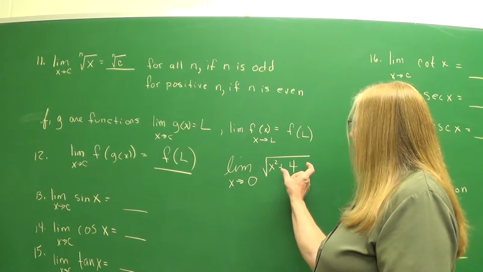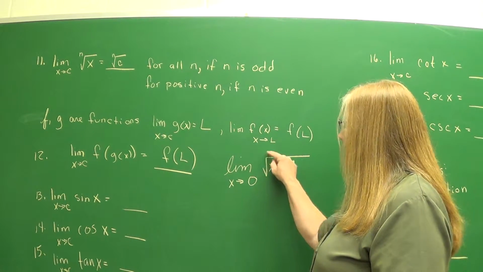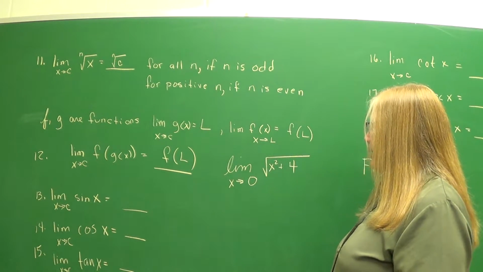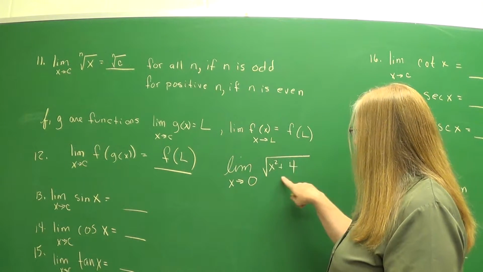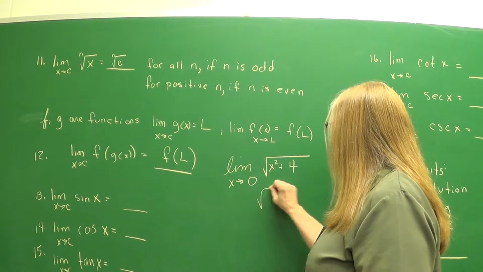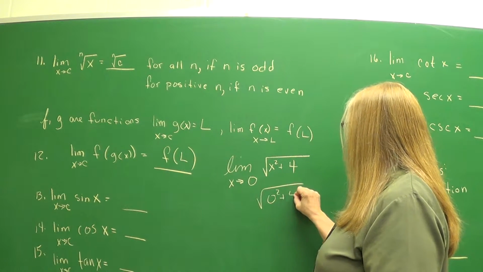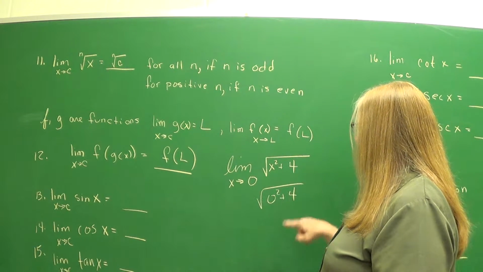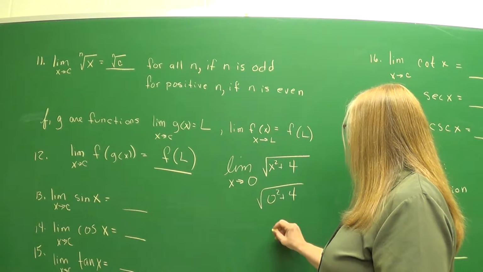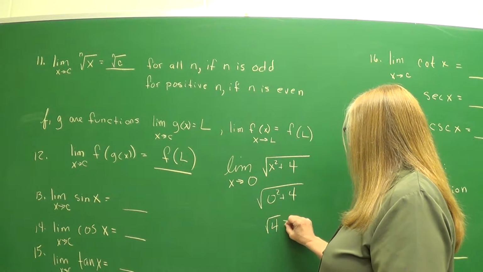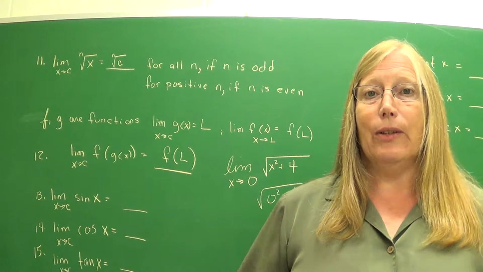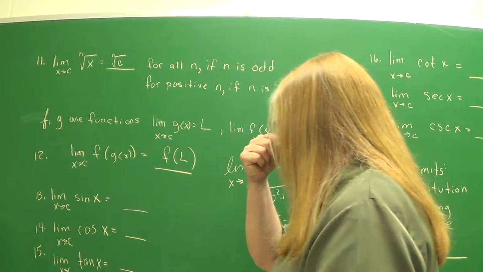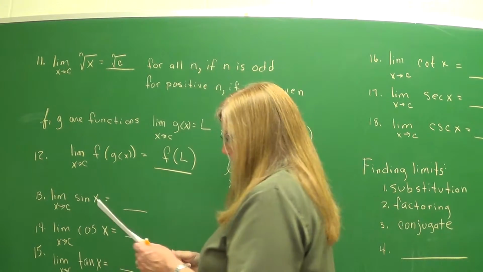We do this first and then this. So all we have to do is substitute 0 into the inner function, where we get 0 squared plus 4, and then take the square root of what's in there. So we take the square root of 4, which is 2. So your intuition would have led you there. Your mathematical nose would have taken you to the spot.